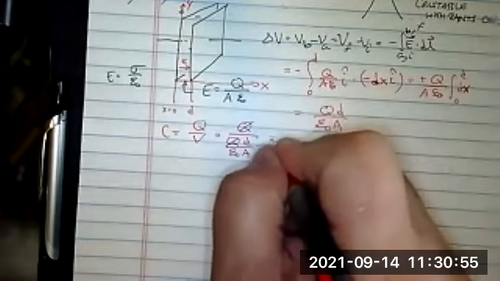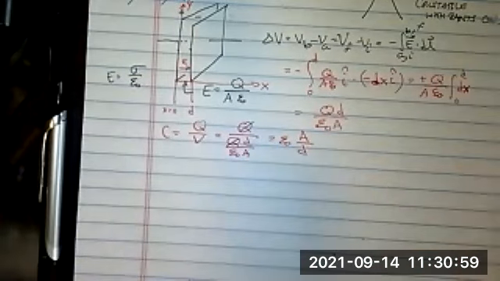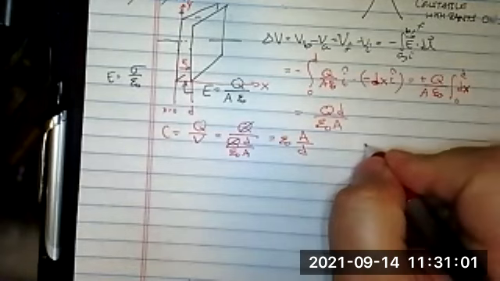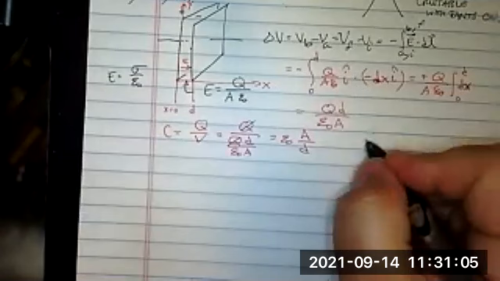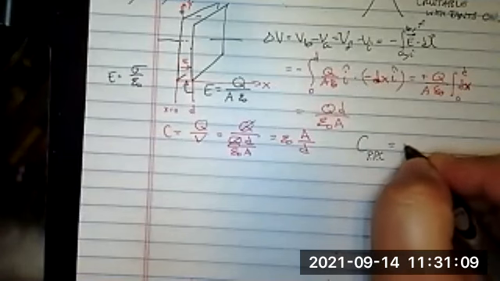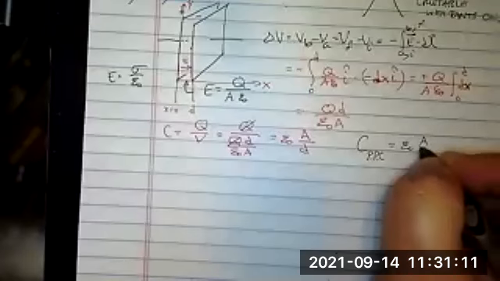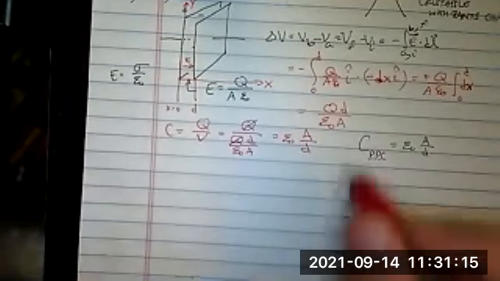So in this case, we're going to get epsilon 0 times A over d, and that is in fact the capacitance of a parallel plate capacitor. So C, parallel plate capacitor, is equal to epsilon 0 A over d. So that's a new expression we just derived.